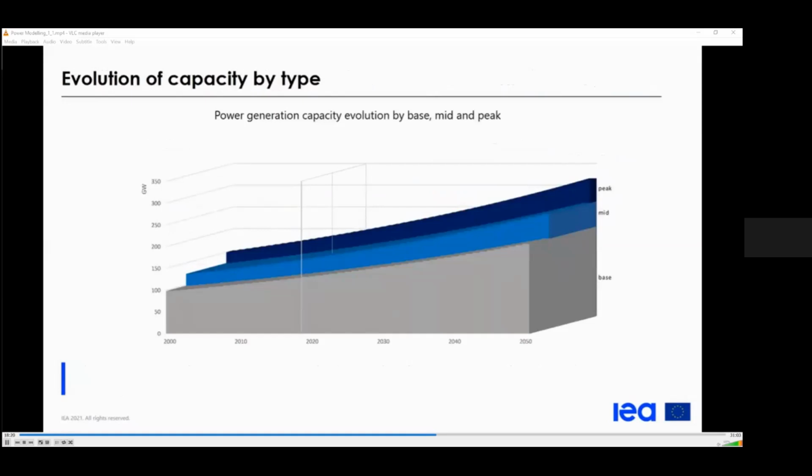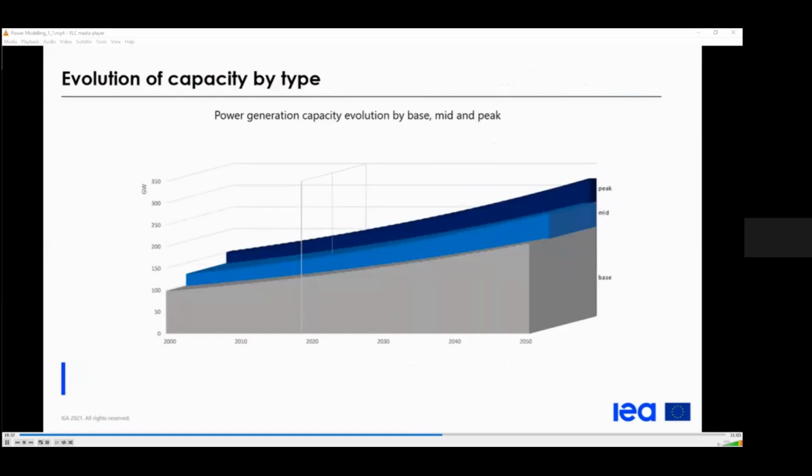So coming back to the different time slices. As we saw earlier, we considered base load, mid load, and peak load types of plants.